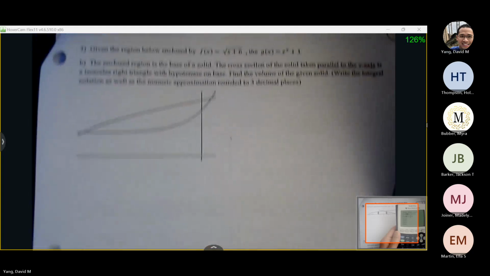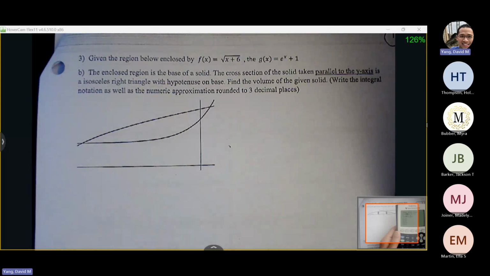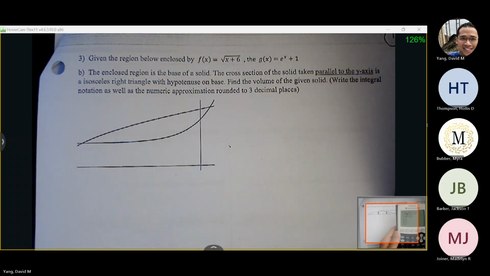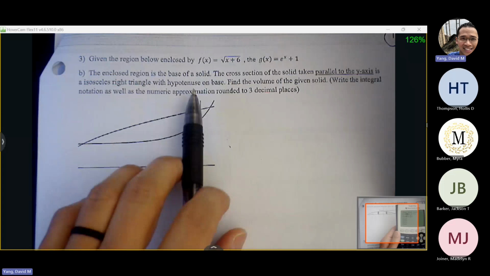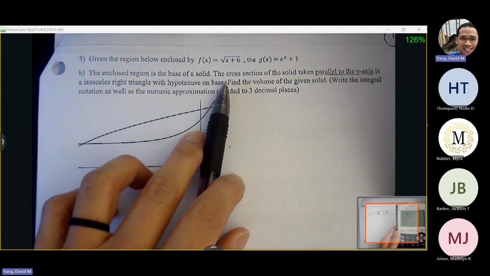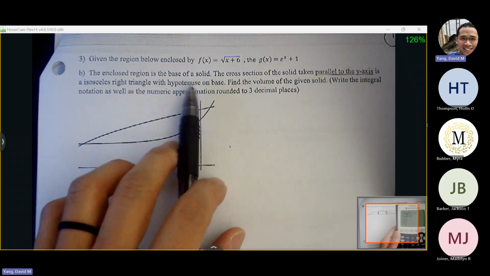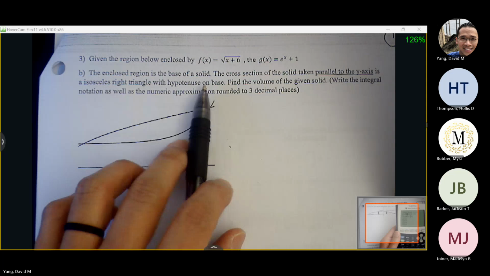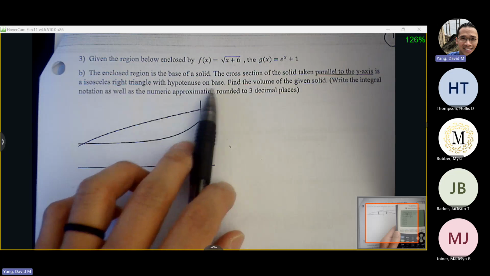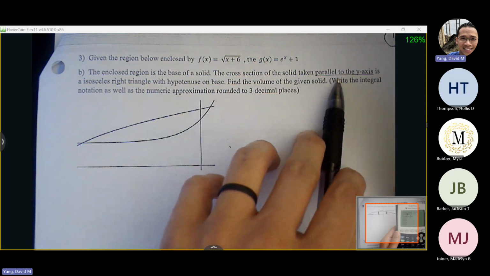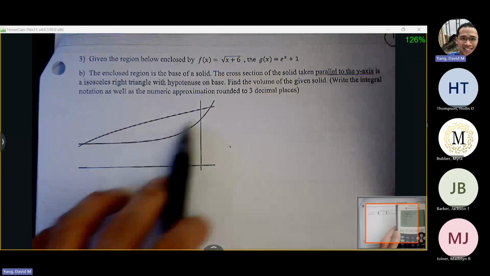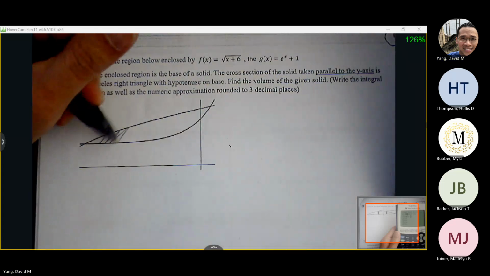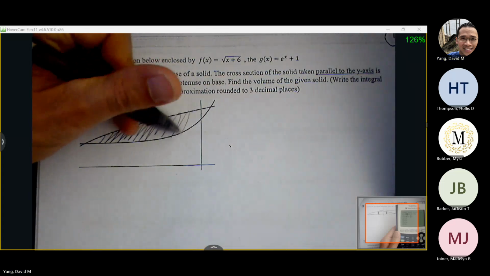All right, last two here. Same shaded region as before, but now we're talking about building isosceles right triangles with hypotenuse on the base on top of this shaded region. Okay.